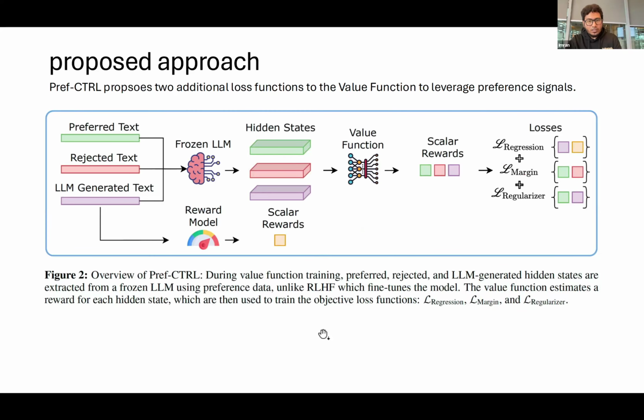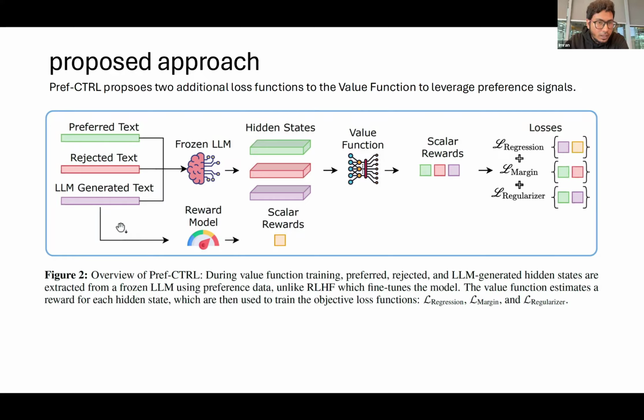So we explored that particular area, and we propose Pref-CTRL, which adds 2 additional loss functions to the value model to leverage the preference signals and to make it understand that we should be generating more preferred sentences rather than the rejected ones, not necessarily based on just the reward model.